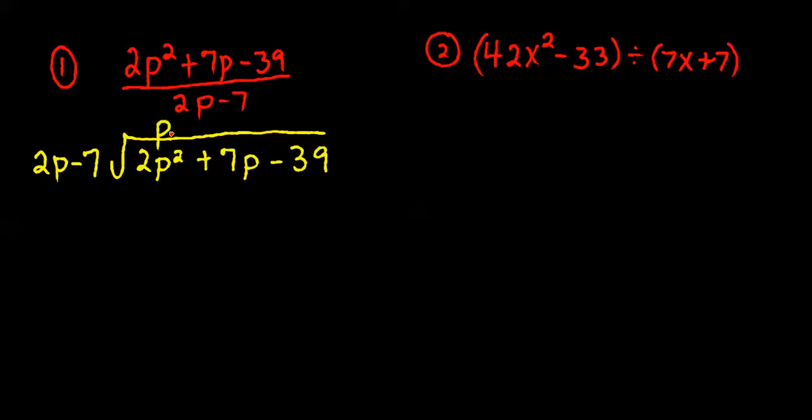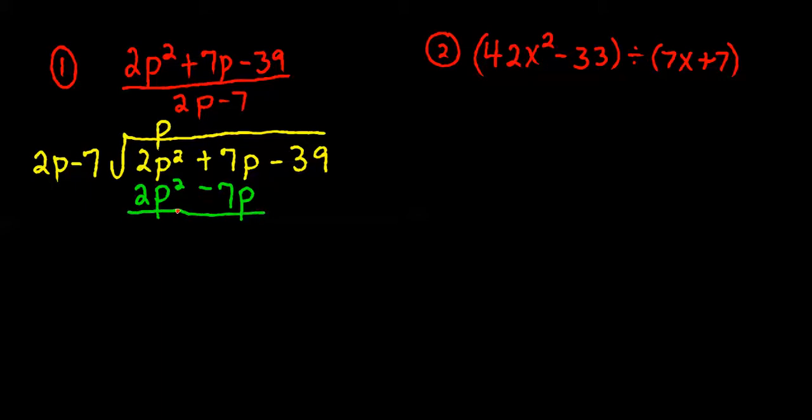So that's going to be the first term of my quotient, because p times 2p gives me 2p squared. Once I have that first term up here, I'm going to turn around and multiply it by the binomial on the outside. So p times 2p is 2p squared, and the first term should always be the same. Then p times negative 7 is negative 7p.